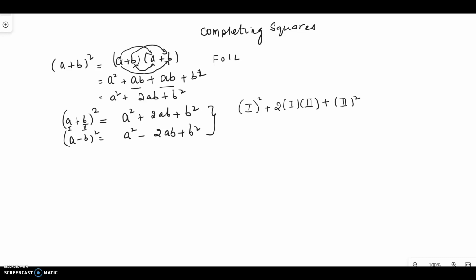And same thing here. We have the first term squared, since there's a minus between the two. You have the minus 2 times the first term times the second term plus the second term the whole squared. So this is the pattern that we need to remember in order to apply these special products.